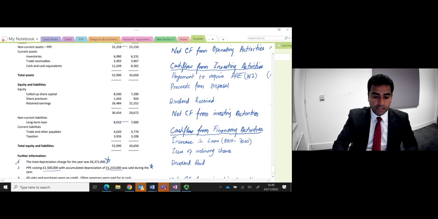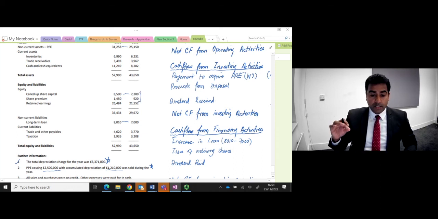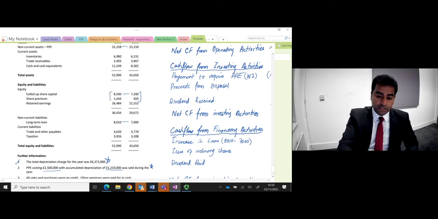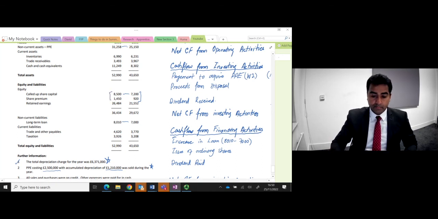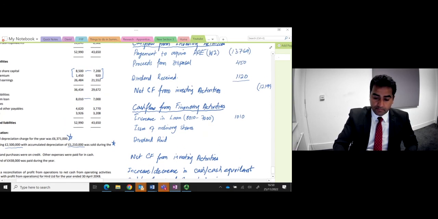Ordinary shares. Has this company sold any ordinary shares? Yes, you can see that the ordinary shares balance has gone up, so they have sold. And we always add the ordinary share capital plus the premium, and then subtract it from next year's ordinary share capital and the premium. So what I can do is I can move this down a little.